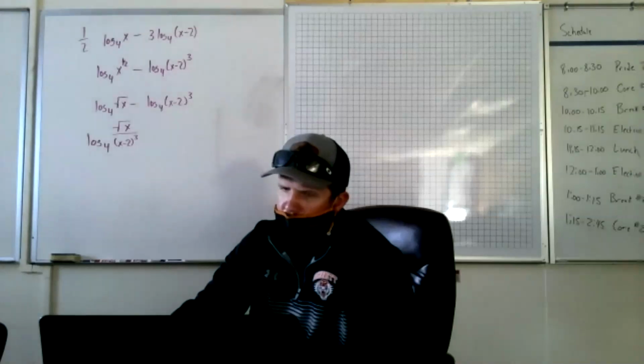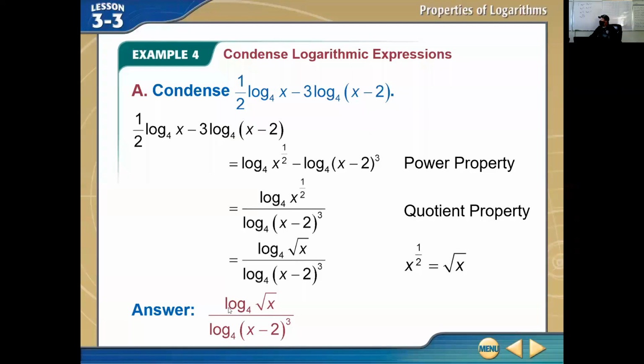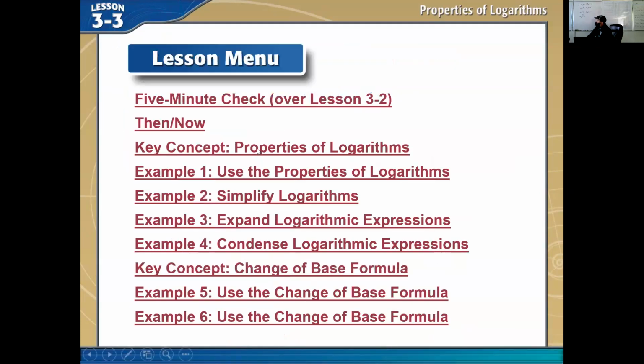That was just weird looking at that one. I don't like the way they did that. They have the log base 4 of the square root of x over the log base 4 of x minus 2 cubed. You have the same base. The quotient property states that it can be written as log base 4 of the square root of x divided by x squared minus 2, and that's what I was double checking.